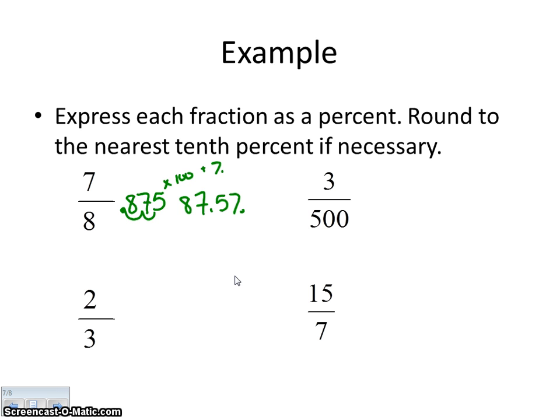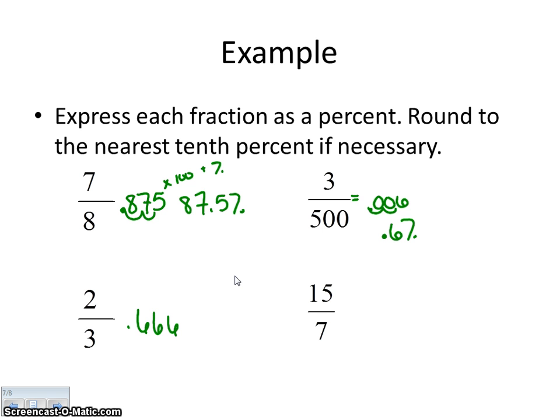All right, I want you to try this one. All right, so when you do it in your calculator, you should get 0.006 as your decimal. You move your decimal 2 places, and that becomes 0.6%. Okay, and then we got 2/3 over here. 2 divided by 3 is 0.666, blah, blah, blah, all the way to 7.